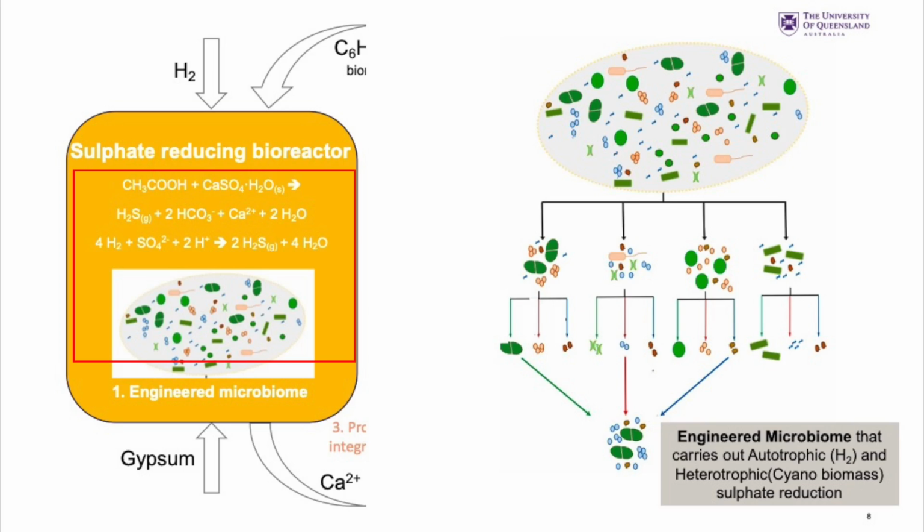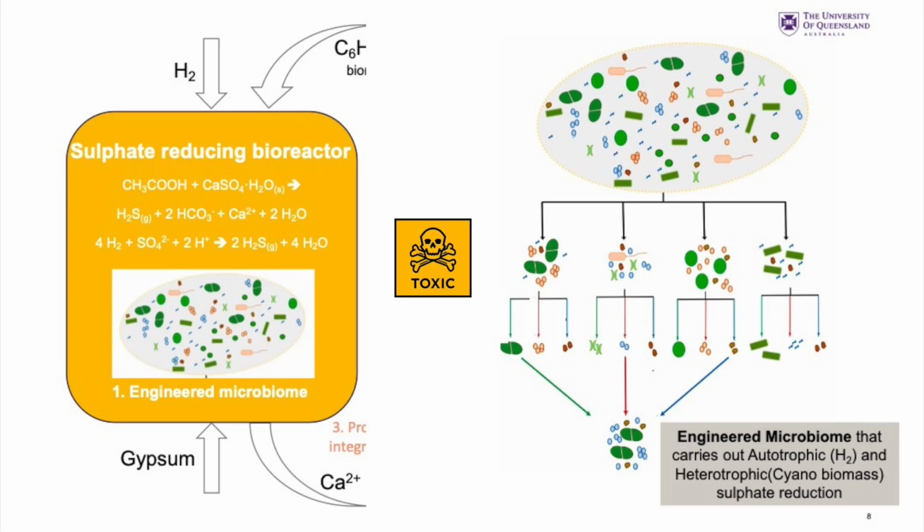The issue here is that we don't want to end up with hydrogen sulfide, so we need to transform the hydrogen sulfide again. And the other issue in this ideal scenario is that for a sulfur-reducing bioreactor to be economically feasible, we need cheap electron donors.